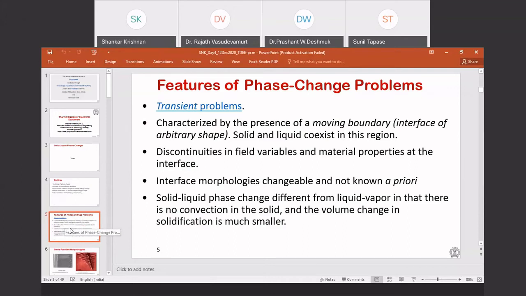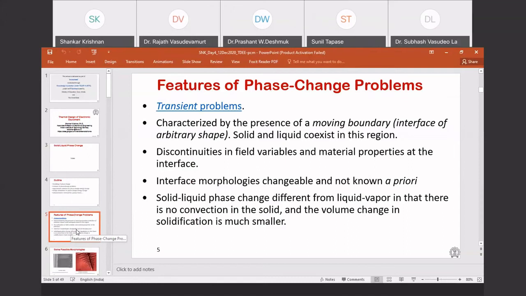So if you look at the features of the phase change problem, they are transient problems. They are not steady state problems, because as a function of time, the melting front is moving at a speed. So you need to understand the moving boundary aspect of it, and the liquid thermophysical properties are different from the solid thermophysical properties.